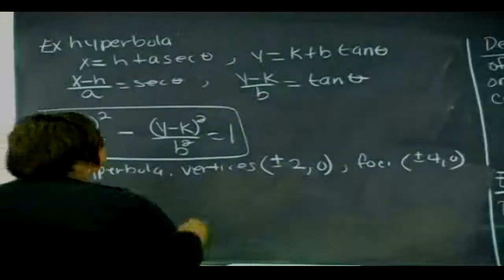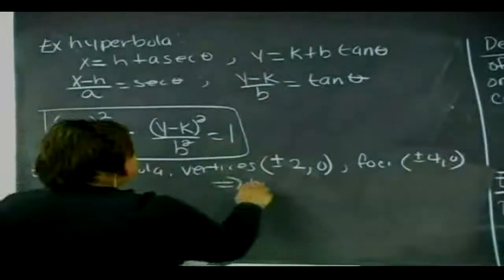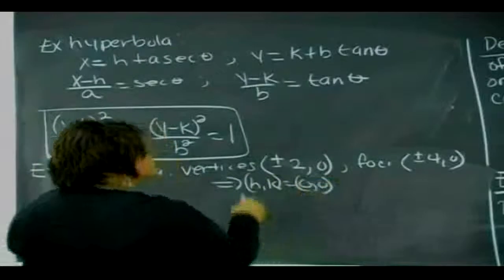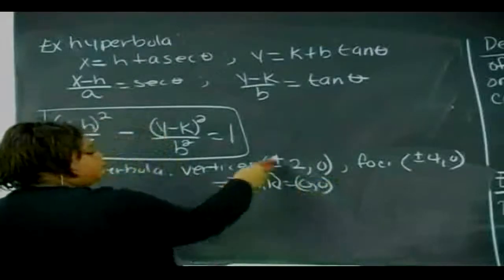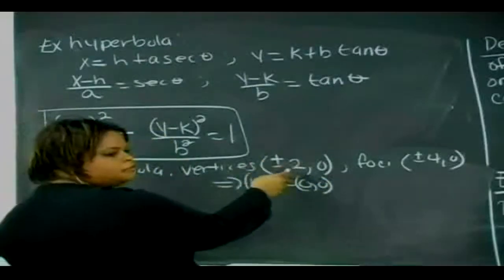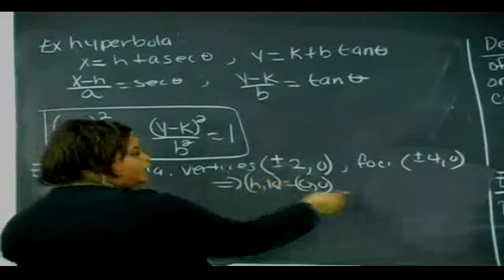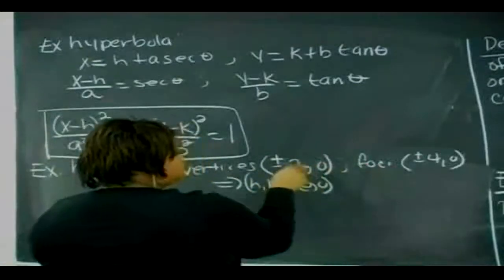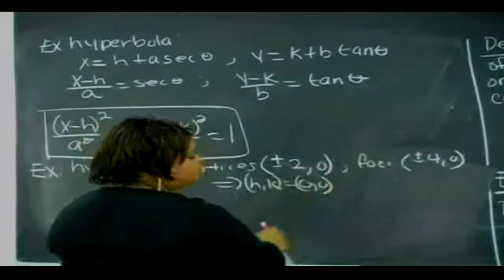The center is the origin. Because of this, h, k is 0, 0. Because this is normally h plus or minus a, k.